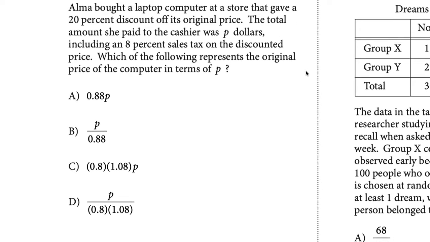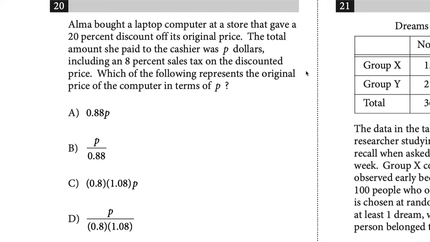All right. So we need to include an 8% sales tax with a 20% discount. How do we do that? Okay, so this is where I teach you guys because we haven't seen this very often. A 20% discount means I'm going to be multiplying by 0.8.